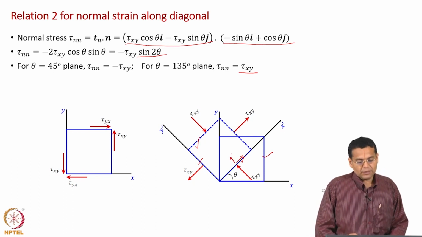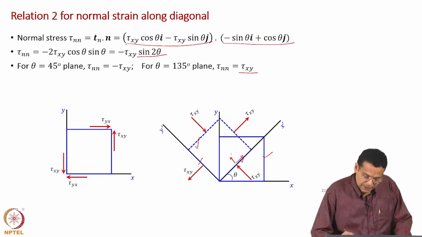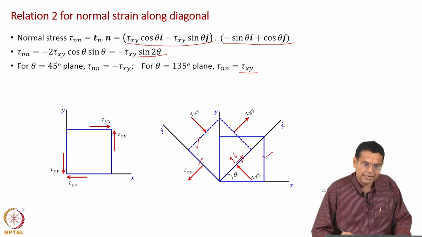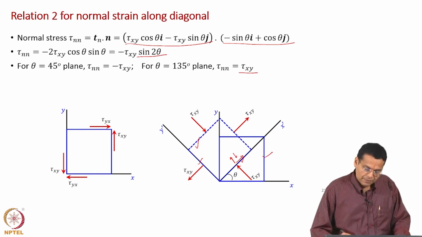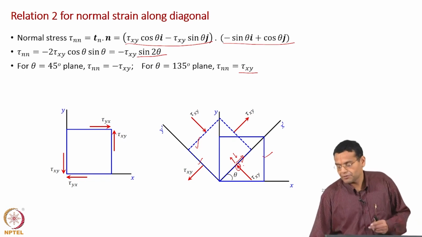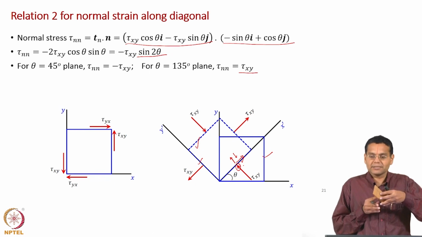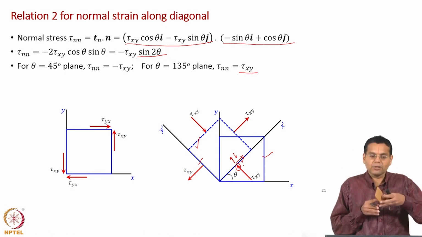We have found the normal stress to be minus tau xy, which means it is acting along this direction. Because I am indicating the force on the opposite side, I am indicating it in this direction. Remember we discussed, if you have a surface, the normal stresses acting on opposite sides are equal in magnitude, opposite in direction.